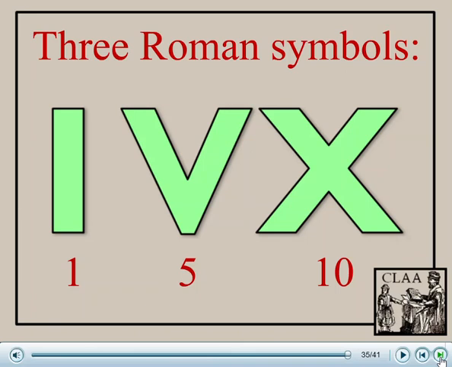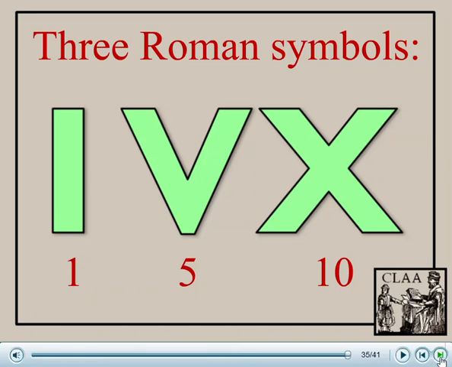We've learned unus, which is just a straight line. We've learned quinque, which looks like a letter V, and we've learned the number decem, which looks like an X. Using these 3 symbols, we can write many different numbers by combining them in different ways.